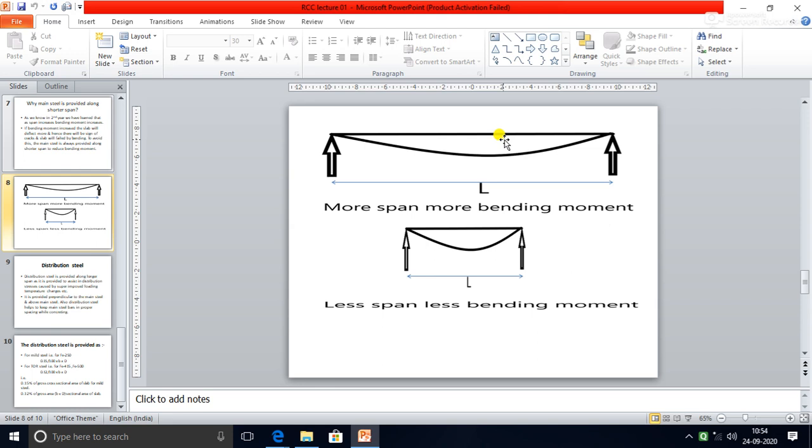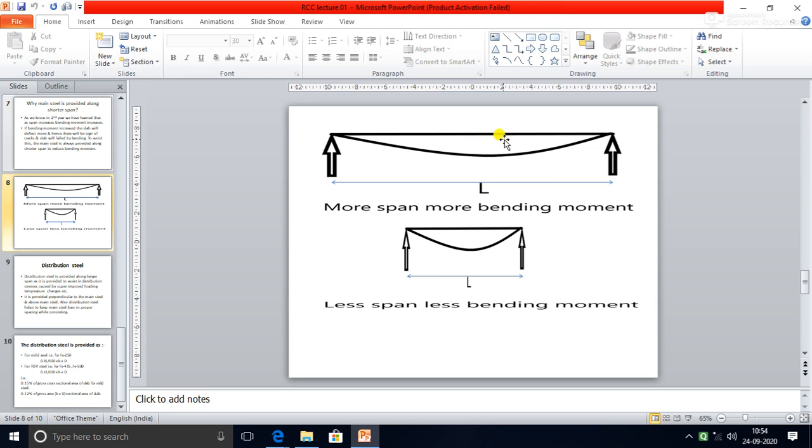and distribution steel is provided along the longer span, and this distribution steel is provided above the main steel. This is very important. So once again, the main steel is always provided along the shorter span, while distribution steel is provided along the longer span, and this distribution steel is provided above the main steel.